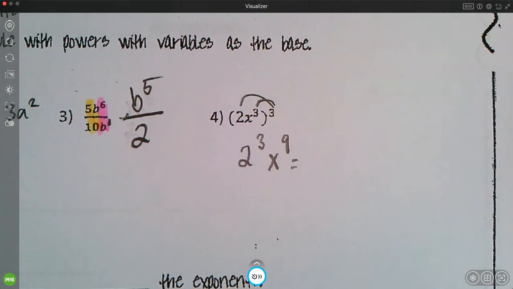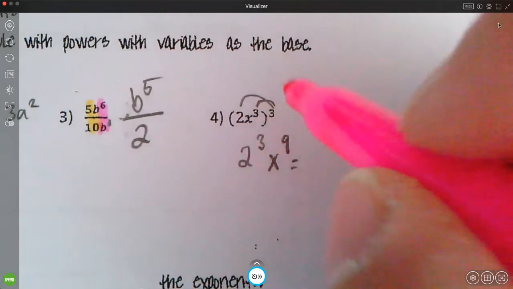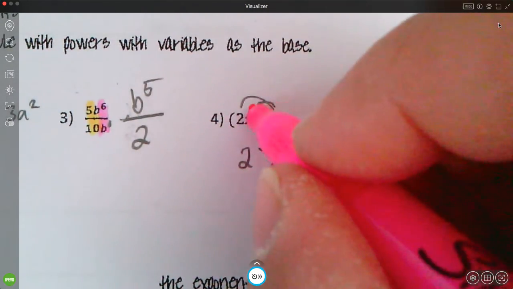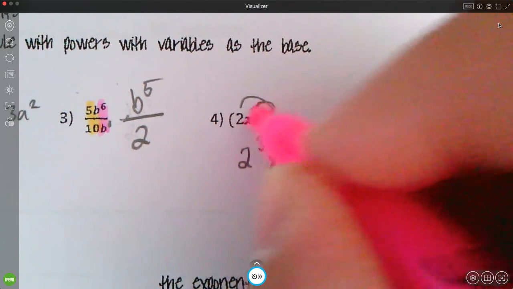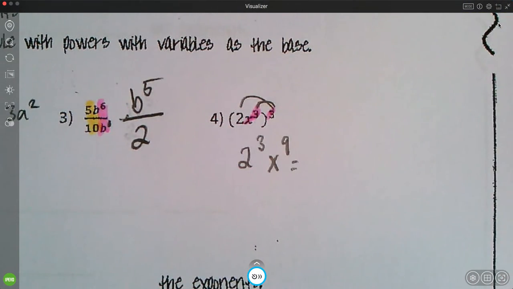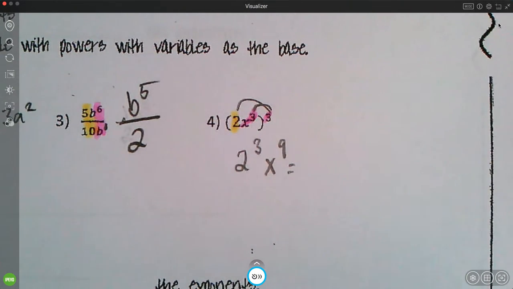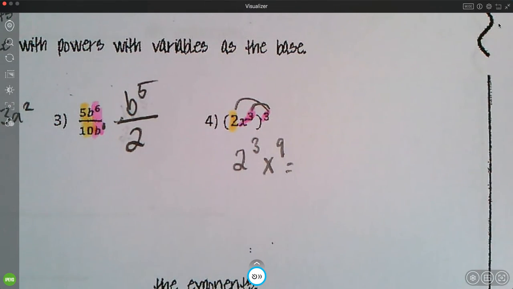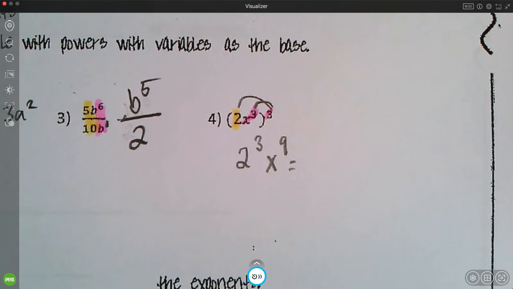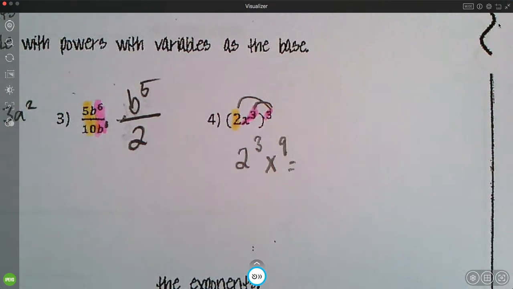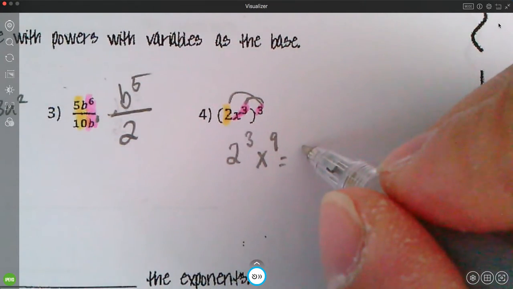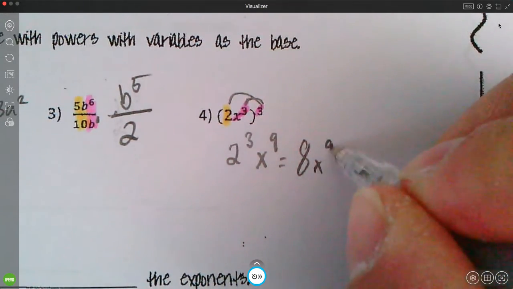So if I keep the highlighting the same, in pink, I dealt with it using exponent rules. But in yellow, my coefficient, I'm just going to use what it tells me to do. 2 to the 3rd power is 2 times 2 times 2, which is 8. So my final answer would be 8x to the 9th.